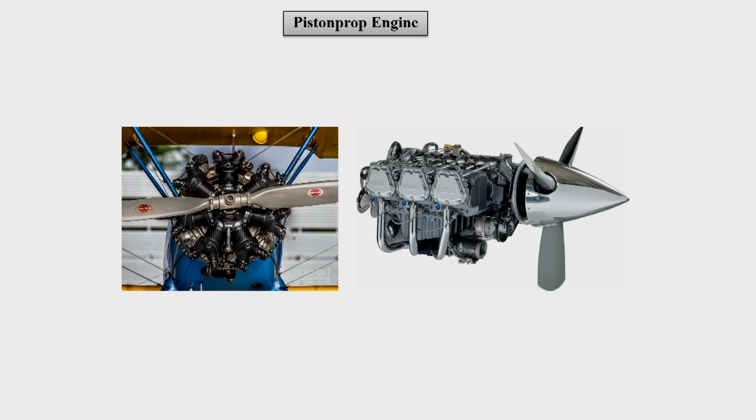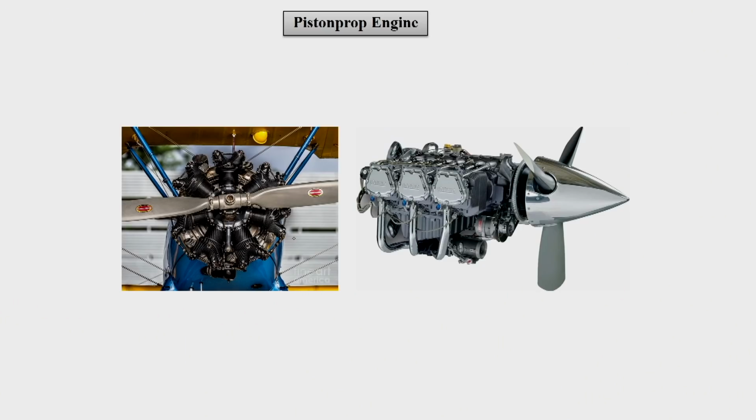Aircraft which use such engines are called piston prop propelled aircraft. Those aircraft would normally have the propeller on their nose, driven by these engines, or it can also be a small helicopter where the shaft of the propeller is driven by the internal combustion engine of piston and cylinder arrangement. So this is the piston prop.